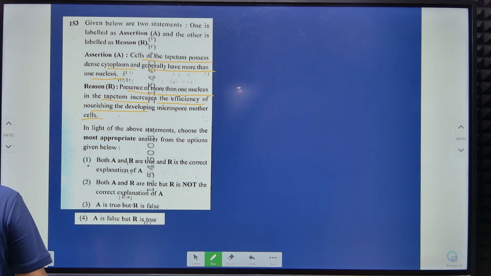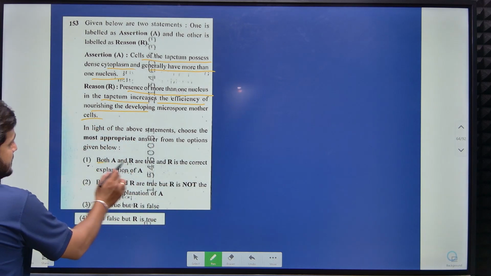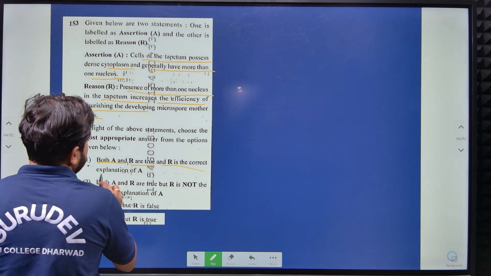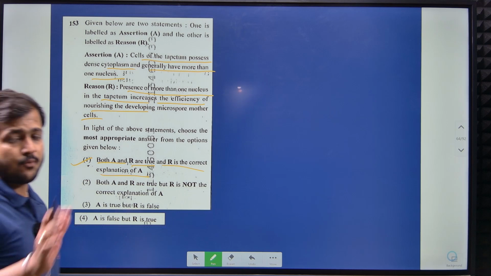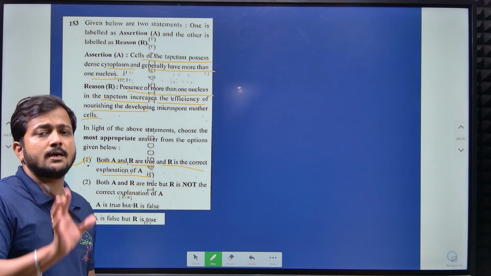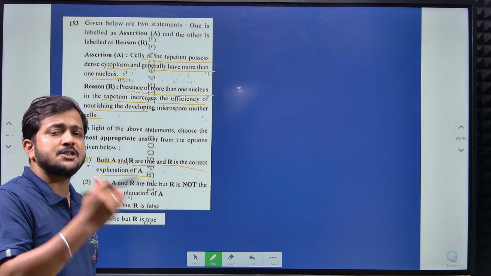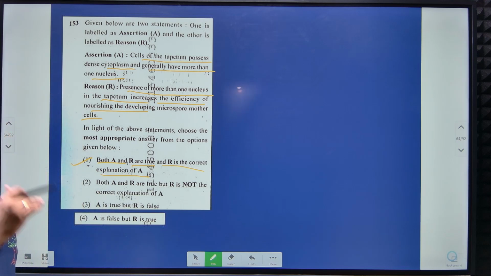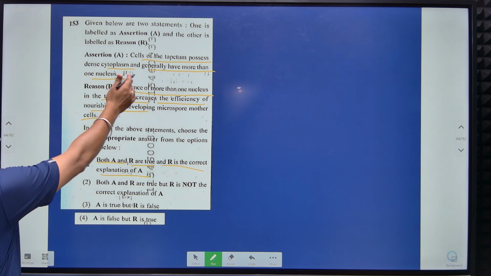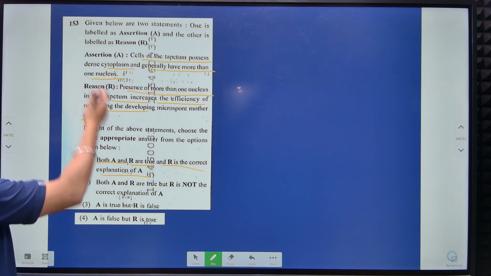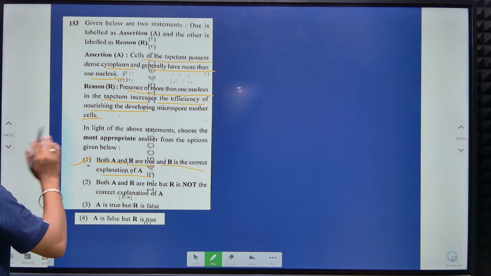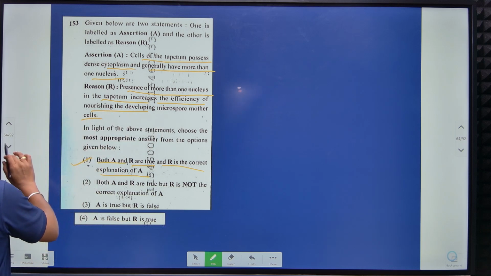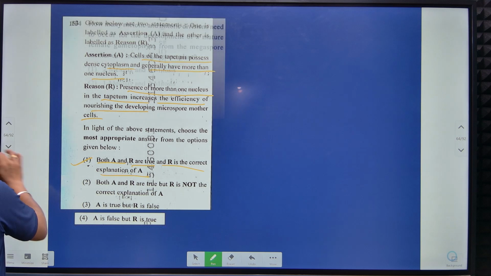According to that, the assertion and reason are true and the reason is the correct explanation, because the tapetum, the outermost layer of the pollen sac, provides nourishment to the developing pollen mother cells. It can have dense cytoplasm and generally more than one nucleus, so it provides proper nutrition to the pollen mother cells or microspore mother cells. So option 1 is correct.